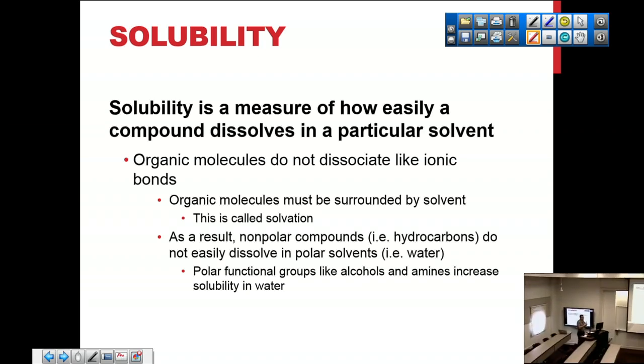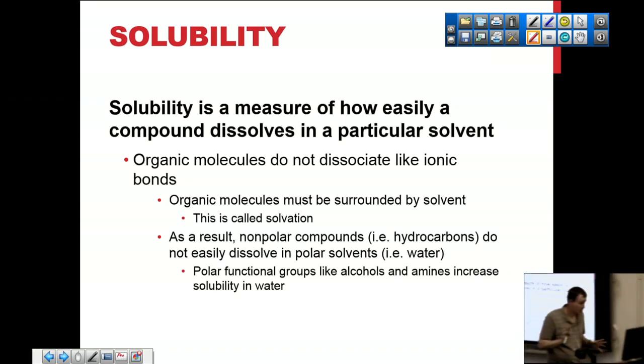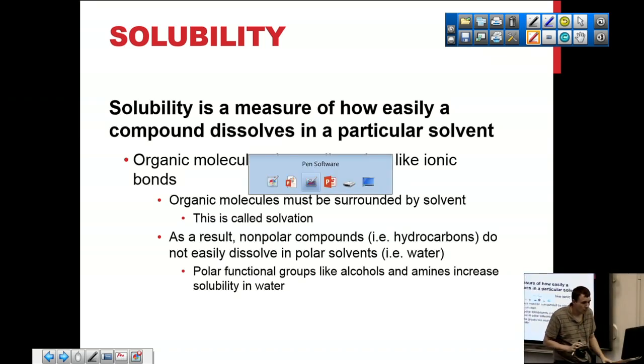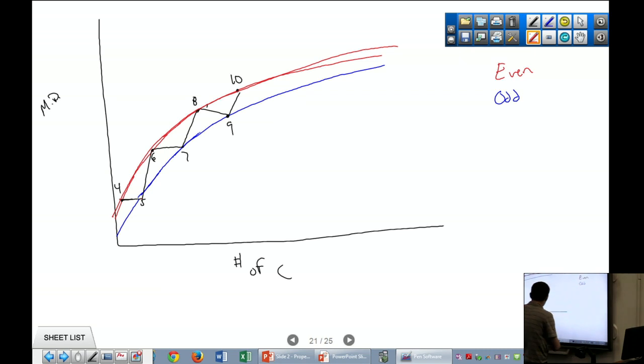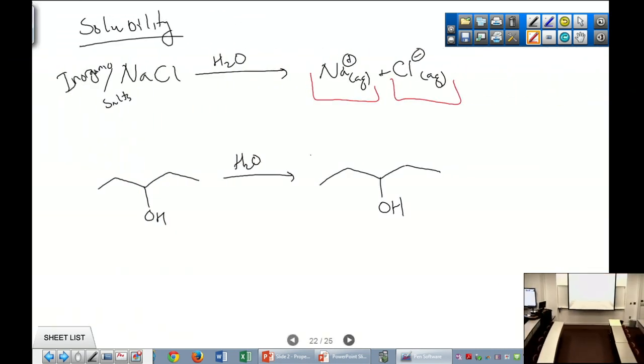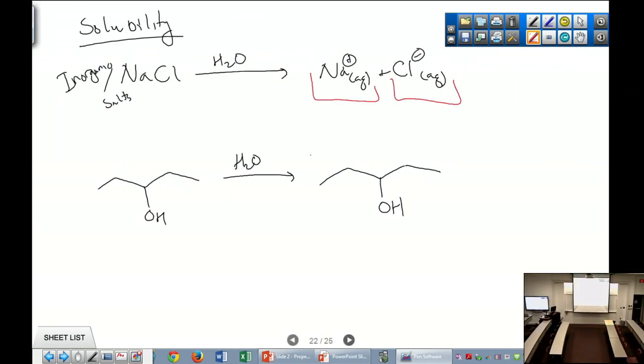The difference here is that in Gen Chem, you dealt with a lot of salts, right? And what do salts do? Salts in water dissociate, right? Sodium chloride, when you put it in water, breaks into sodium plus ions and chloride minus ions, right? You wrote this out, you put the little AQ to show that it was in aqueous solution, right?